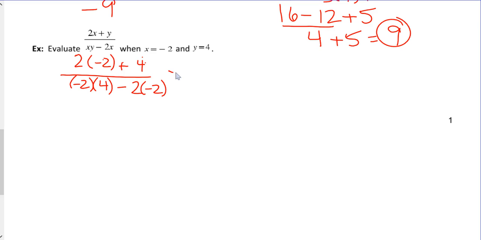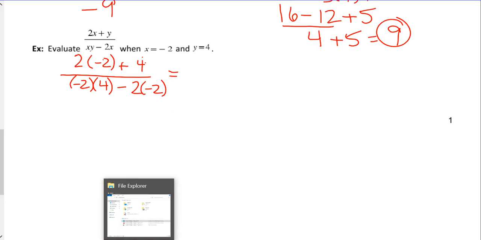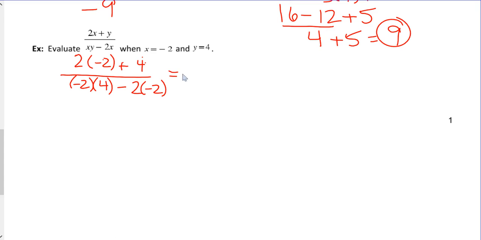All right, let's simplify the top, simplify the bottom, and then we're going to divide. So if I do 2 times a negative 2, well, 2 times 2 is 4. Positive times a negative is a negative, so I get negative 4 plus 4 on top. All over, in the bottom, I'm going to multiply and multiply first to simplify. So negative 2 times 4 is a negative 8.